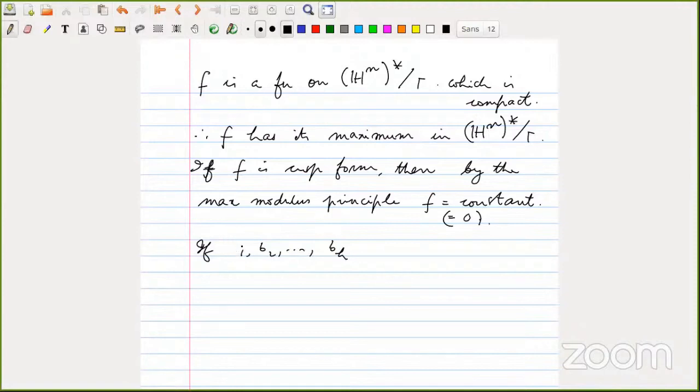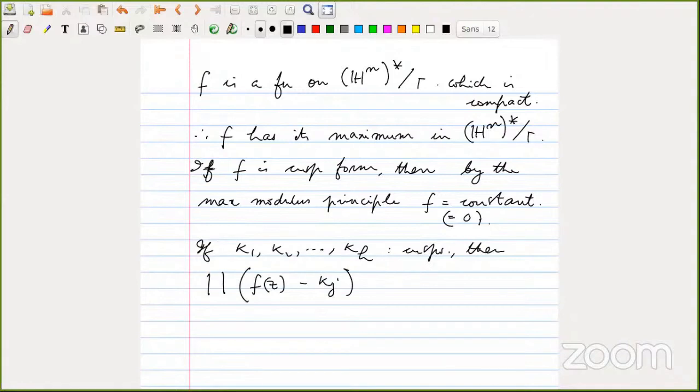It's not a good notation. Kappa 1, kappa 2, and so on to kappa h. Okay, so these are cusps. Then look at the function which is the product over j equals 1 to h of f(z) minus the value at kappa j, for each of the cusps.